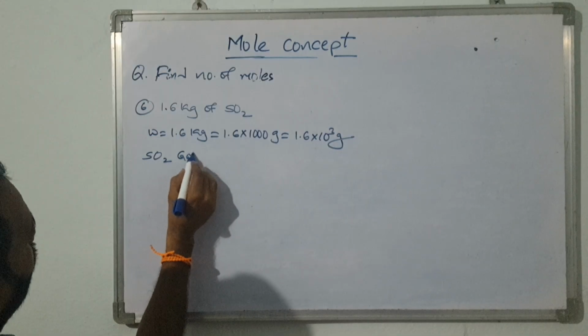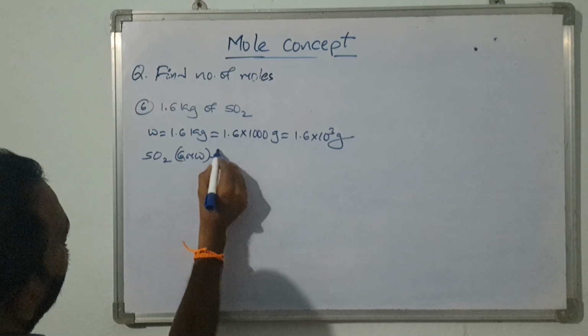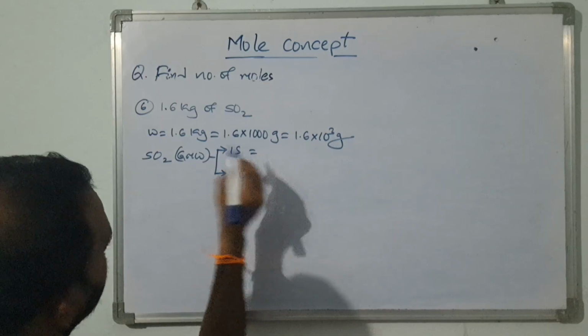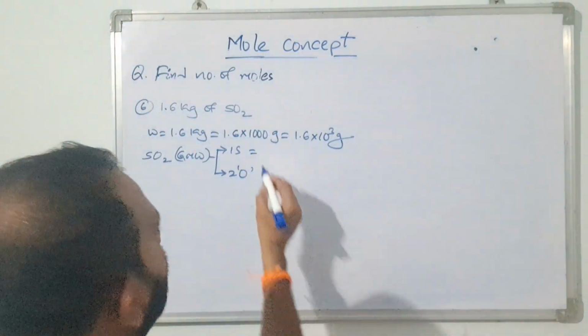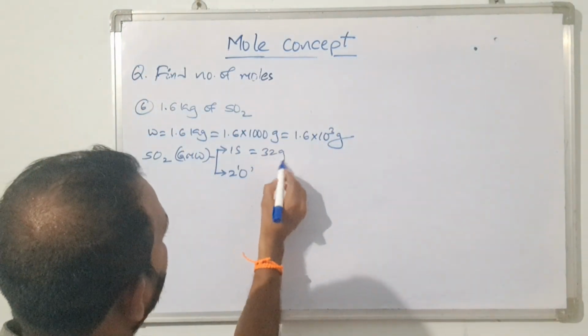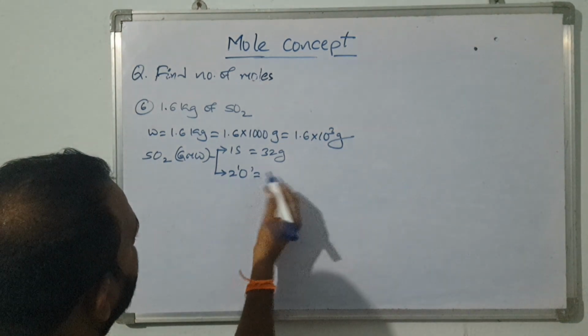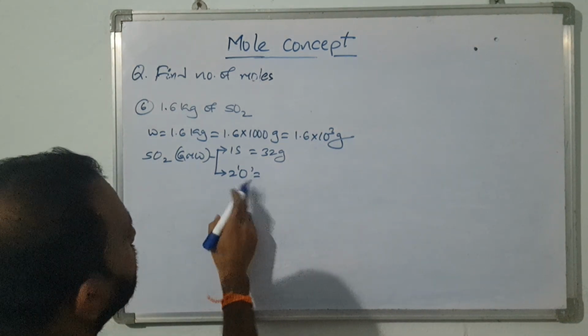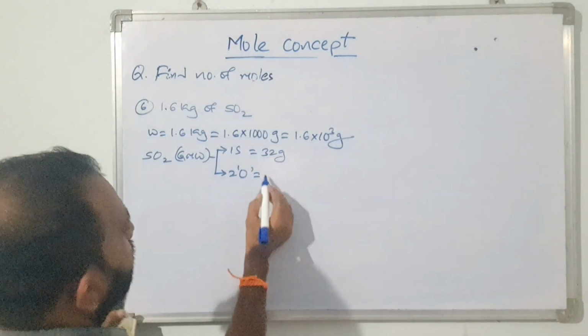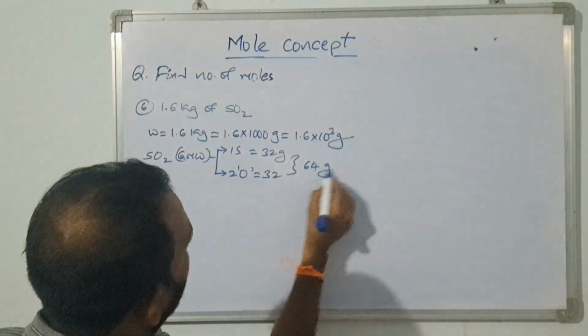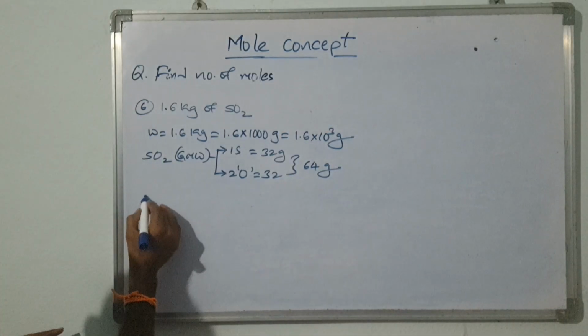For its gram molecular weight, it contains one sulfur atom and 2 oxygen atoms. Sulfur atomic weight is 32 grams. Oxygen gram atomic weight is 16, and 2 oxygens make 32. So total weight is 64 grams.